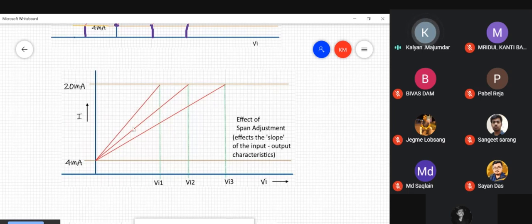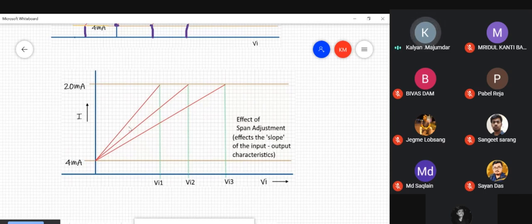That means the 0 of all the 3 measurement ranges is identical, but the spans of the 3 measurement ranges are different. That is, these 3 measurement ranges have an identical 0 but different spans. That is the physical way of looking at it. Mathematically, these 3 lines have an identical intercept but different slopes.